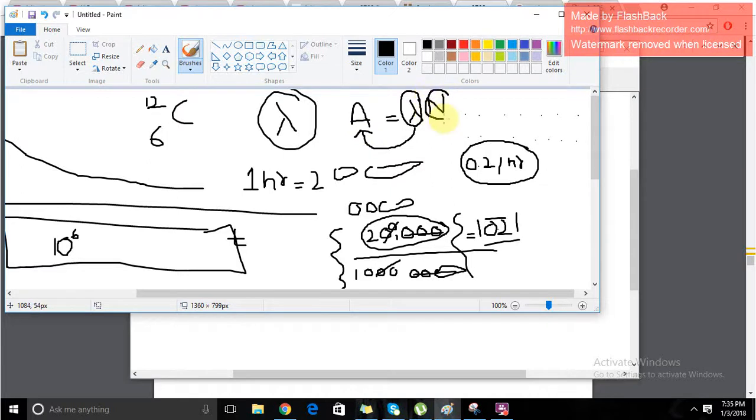Or if we had a larger number of this, then there would also be greater activity, because while this would be constant for a given sample type, we are multiplying it by this. So the greater the value of n, the greater would be the product of lambda n, and hence the greater would be the activity.